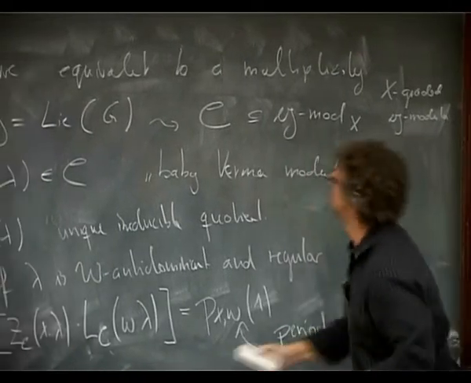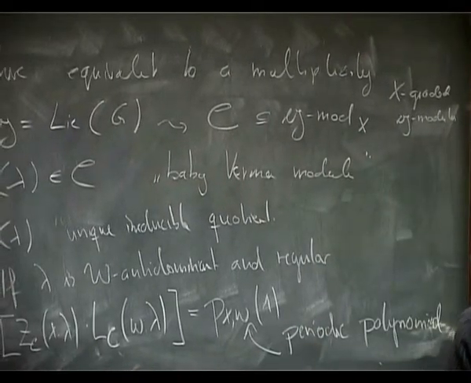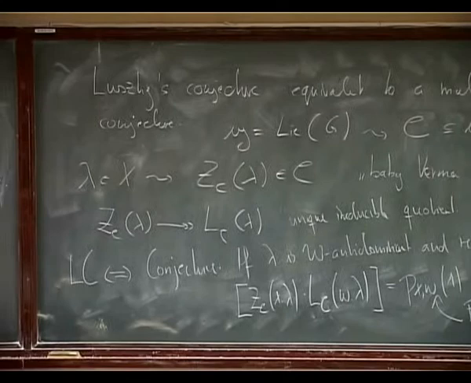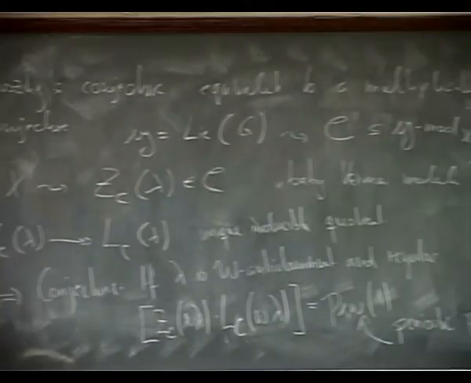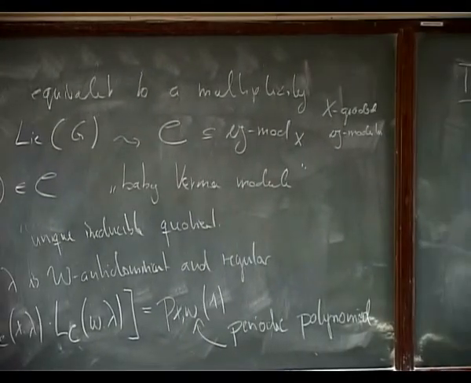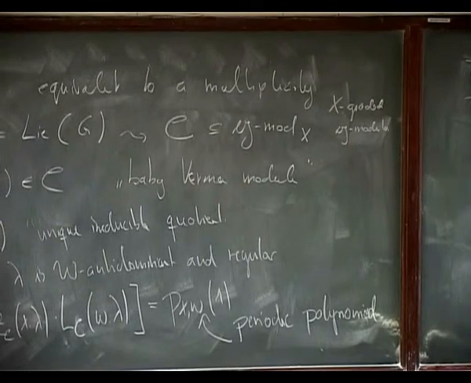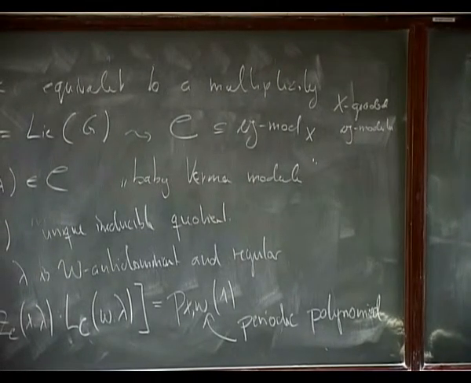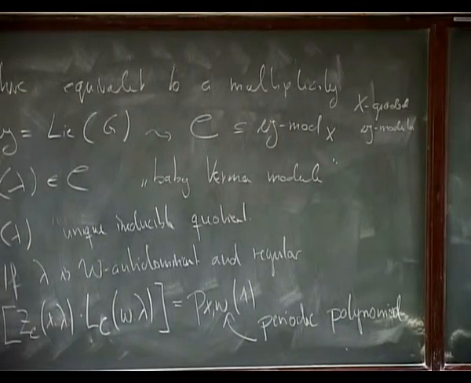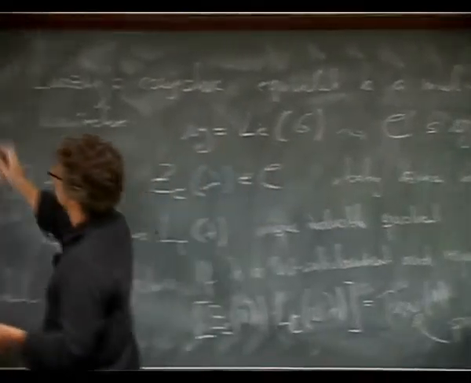So now let me connect the two theories. You see, here we have the parity sheaves. Here we have the multiplicity conjecture.